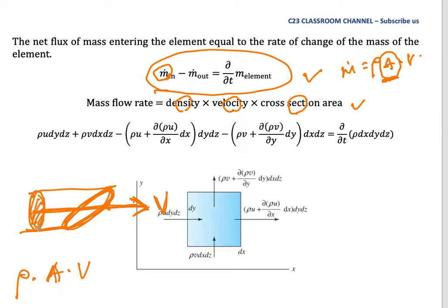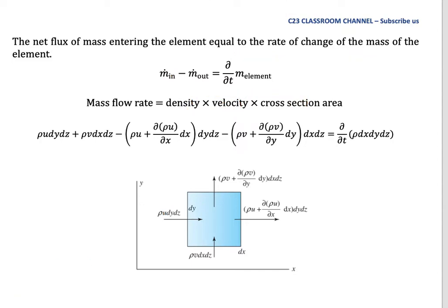Please do not take the cross-section of this inclined area. This is the very basic idea in the Bernoulli equation and so on. I think you already know about this, so we use this equation to calculate.